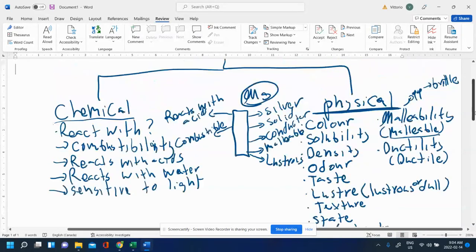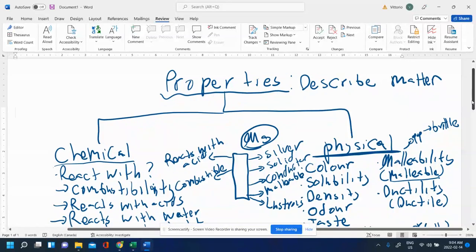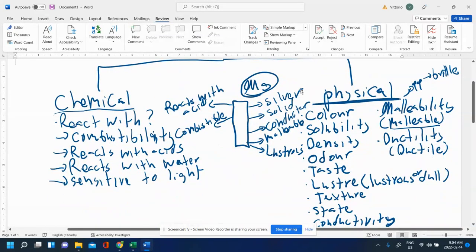So in this video, we saw that properties are used to describe matter. And we want to describe matter when we do reactions in labs and want to give them characteristics. So we can describe matter using physical properties, which don't need to change what the matter is. You just make your observations and it doesn't change what the matter is. It's just when the matter is doing its own thing, not changing in any way, not reacting, what are some characteristics it may have?